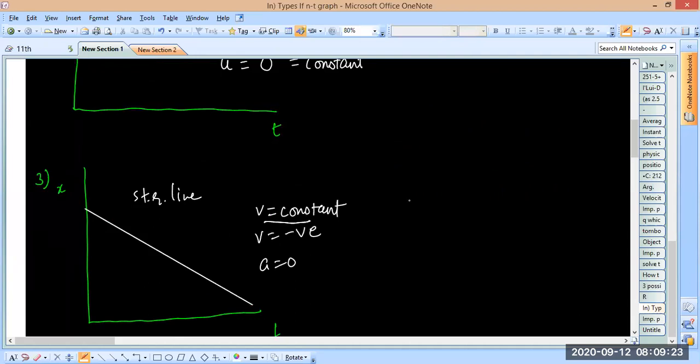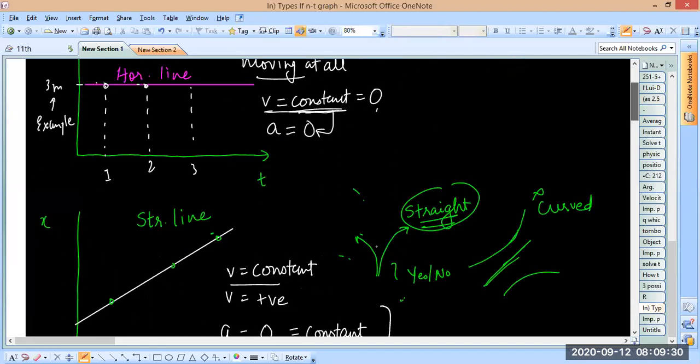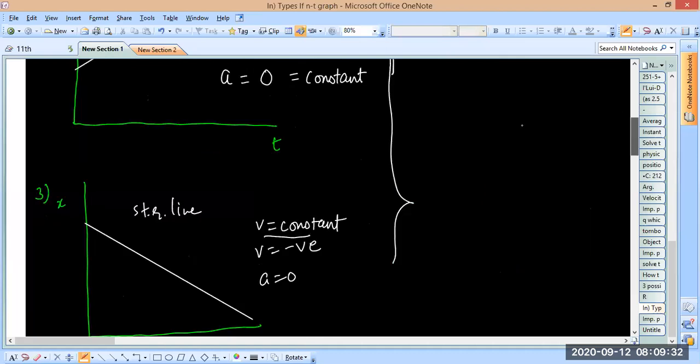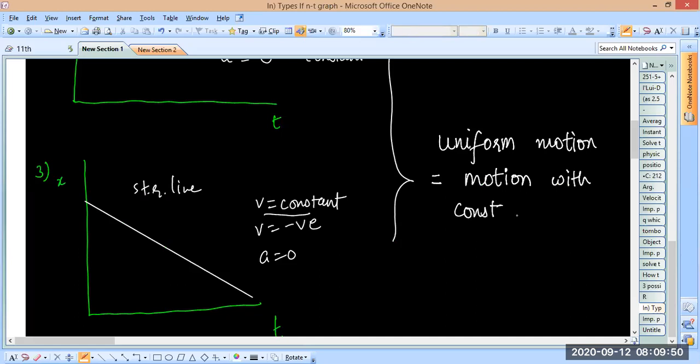And by the way, such cases like this or like this, or even this one, they are called uniform motion, right? What is the meaning of uniform motion? Uniform motion means motion with constant velocity, right? Motion with constant velocity is called uniform motion.